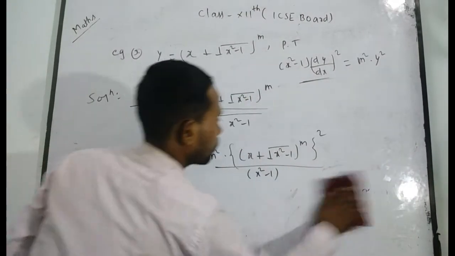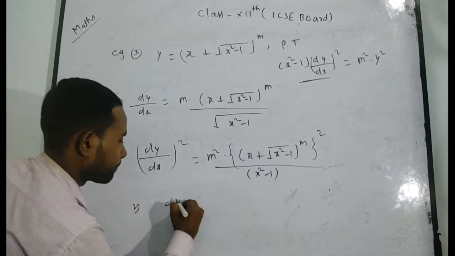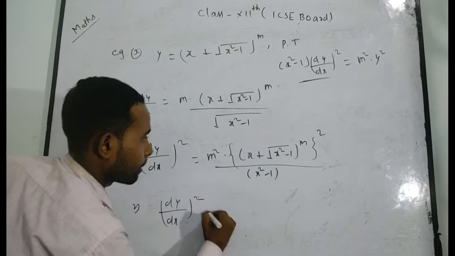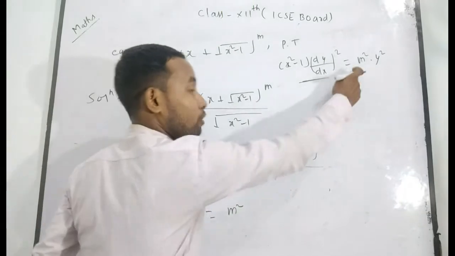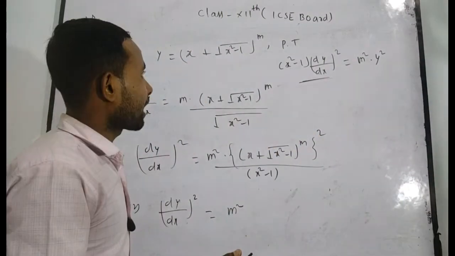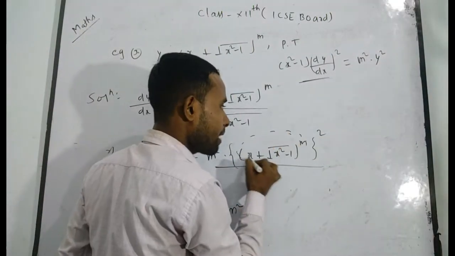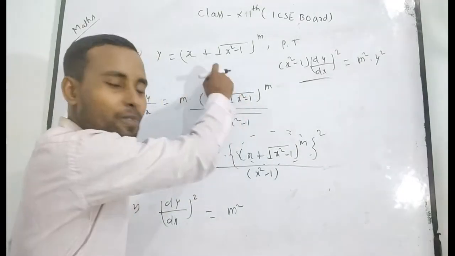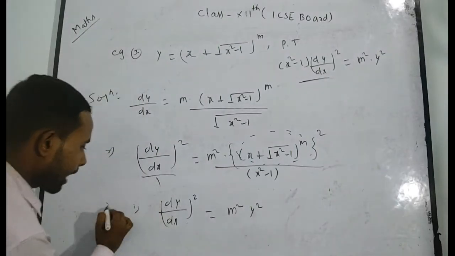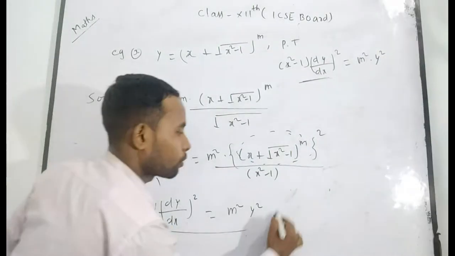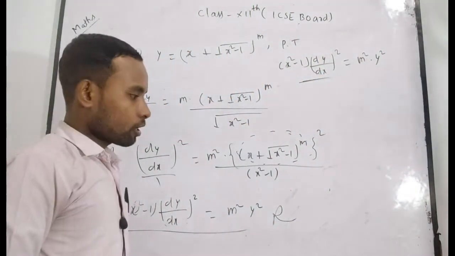Now again, that implies (dy/dx) whole square will be m square, this is m square. If you see, there is also m square. Now what is this? There is y. Can you write here y? Why? Because y is equal to the same term. So I want to write m square y square, and after cross multiplication it comes in the LHS, so it will be x square minus 1. Now if you see, it has been proved. Have you understood very easily?